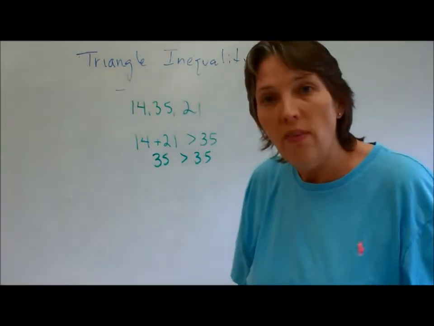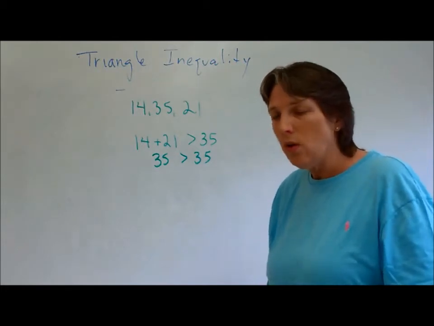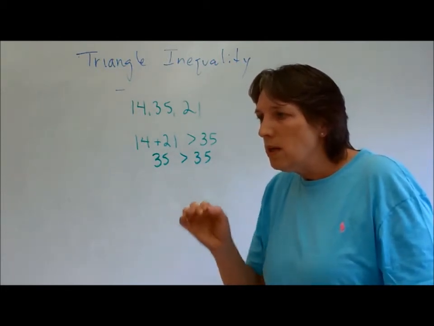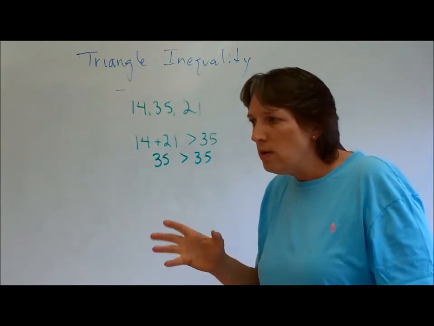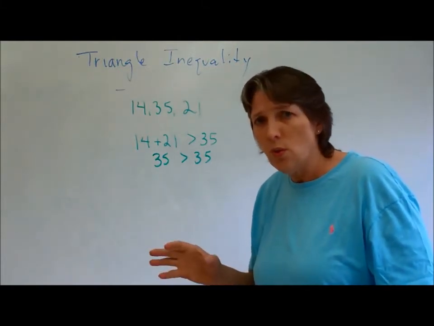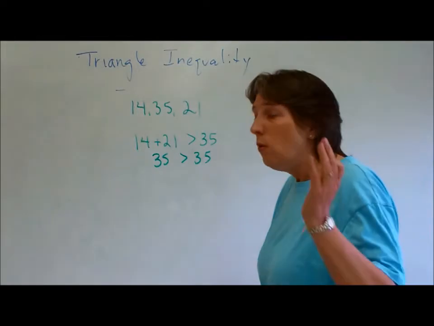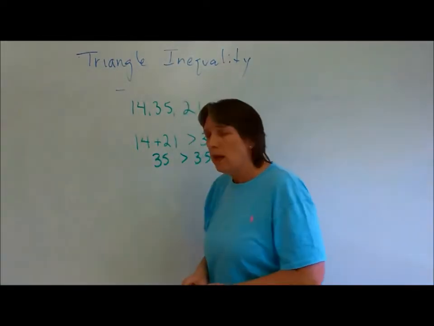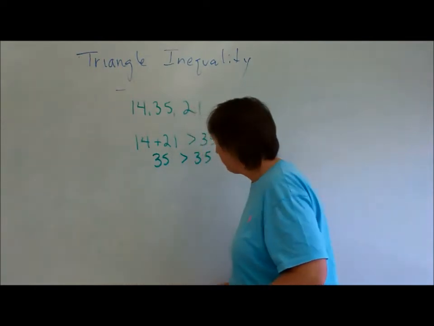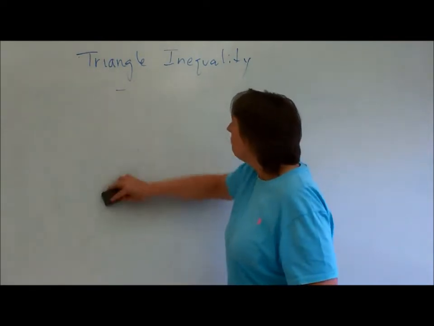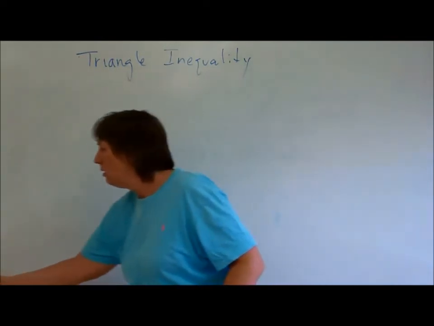Therefore, these are not the measurements of a triangle. It must meet the condition for all three sides. You can't have one or two situations that work and the other doesn't. When you compare all three, they must all be greater than the third side. That's the easy part.